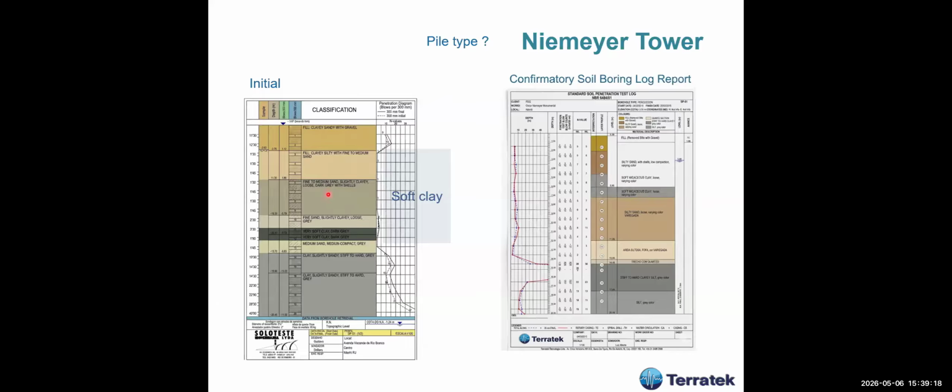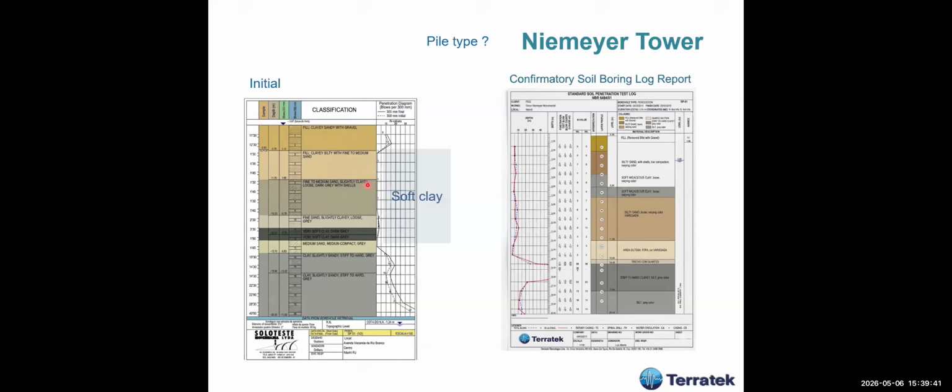Yes, they were about 4, 5. So this makes a big difference. And why? In such a case here, I would never design the CFA pile, which could be the cheaper solution for this project. I designed driven piles.